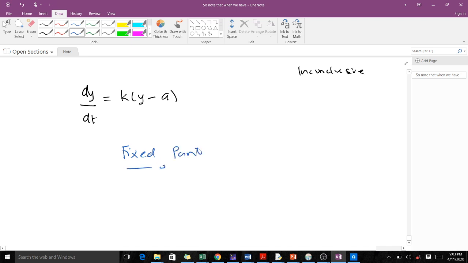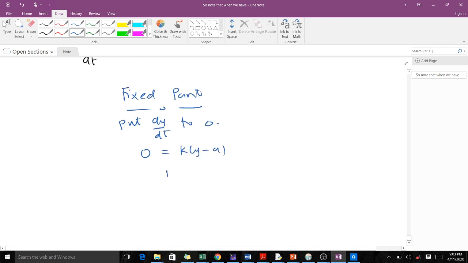In finding the fixed point, we put dy/dt to 0. So that means you're going to get 0 equals k(y minus a), meaning k is equal to 0 or y minus a equals 0. So that means y is equal to a. So our fixed point here is this particular letter a here.